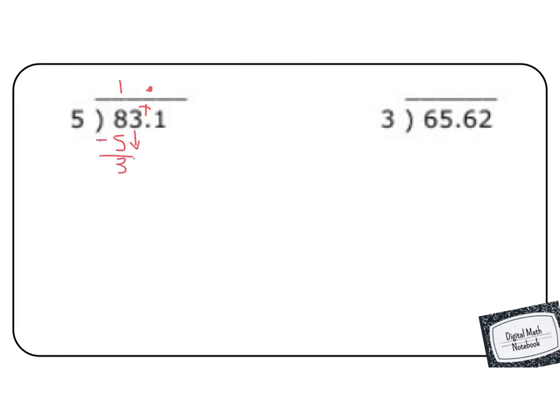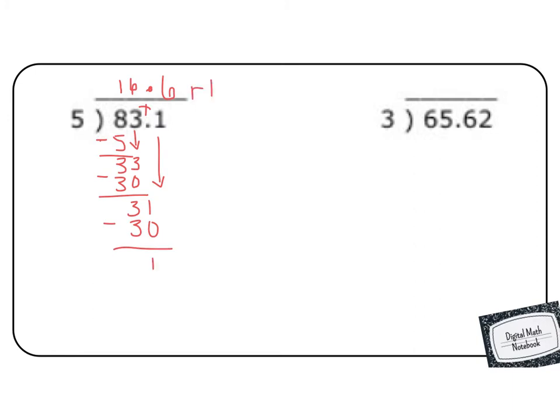Then we bring down the 3. 5 goes into 33 6 times, which is 30. Subtract, we're left over with 3. Then we bring down the 1, ignoring that decimal, just using the digits. 5 goes into 31 6 times, which is 30. Subtract, and we have a remainder of 1.